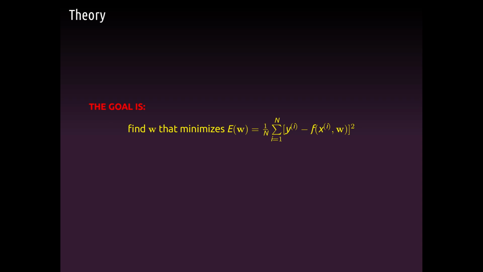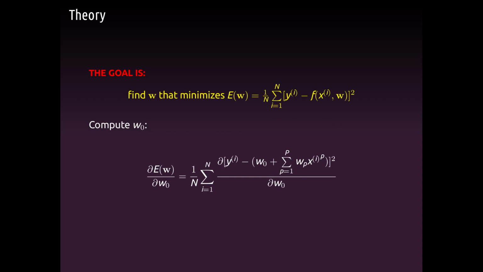Second, we set the generated derivatives to 0, and we obtain afterwards a system of equations that we can solve mathematically using either a closed form approach or an approximation algorithm like the gradient descent algorithm. So we start to compute w0, the first coefficient, by computing the derivative of the cost function with regard to w0.